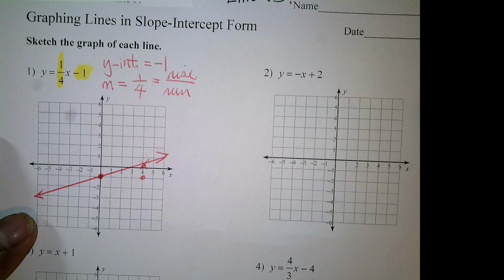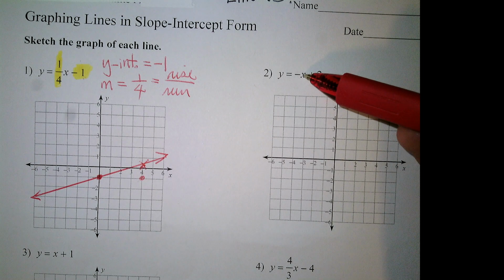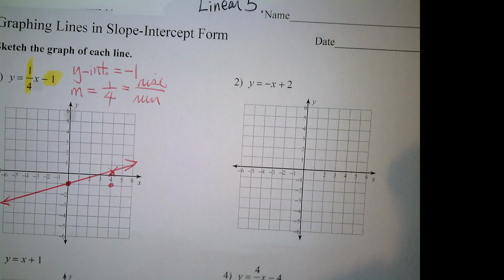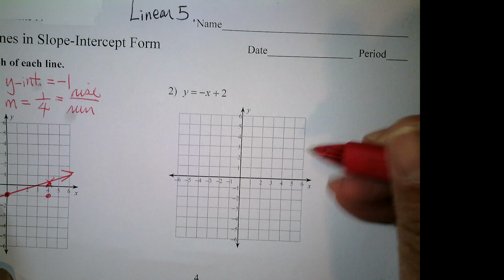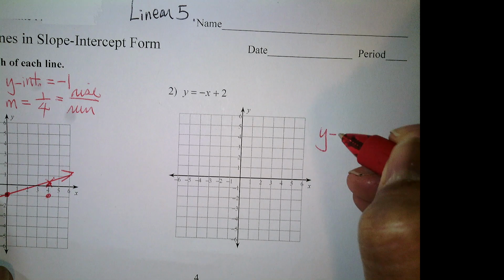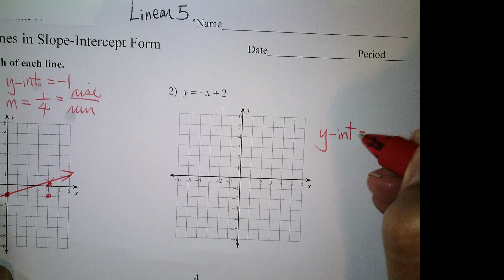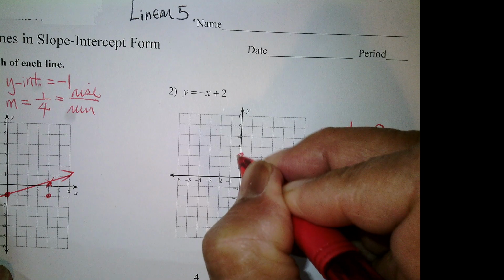Okay? But this one here, question 2. So I'm using the space next to question 2. Identify two numbers. So the y-intercept is 2. Right away, starting point.